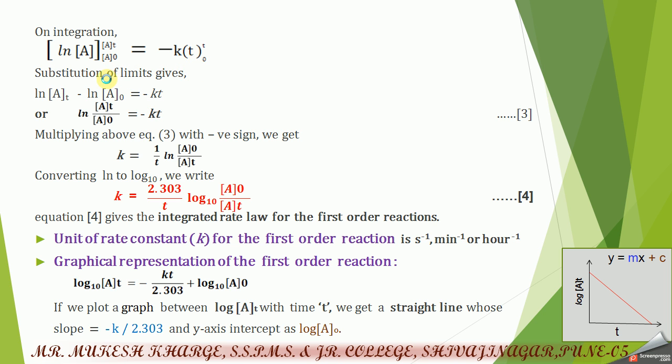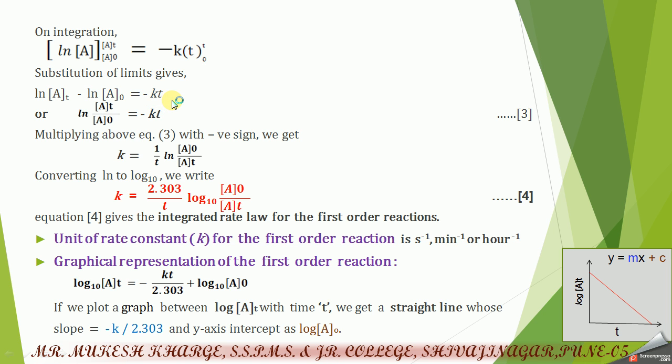If we substitute these limits, first substitute the upper limit, minus substitute the lower limit. So ln At minus ln A0 is equal to minus kt minus minus k into 0, that means 0. So only minus kt remains on the right hand side.